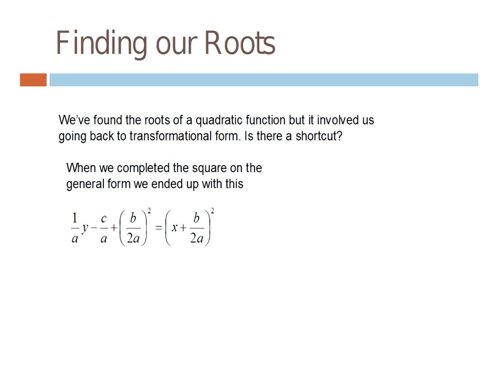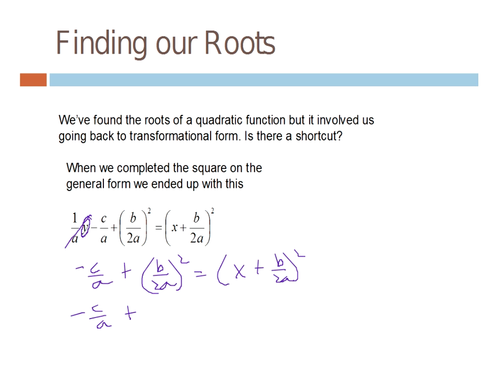So we're trying to find the x-intercepts. So we're going to start by plugging in y equals 0. And that will get rid of this term. And so now I have negative c over a plus b over 2a all squared equals the right-hand side here. So I'm going to square this b over 2a. B squared is simply b squared, and 2a all squared is 4a squared.